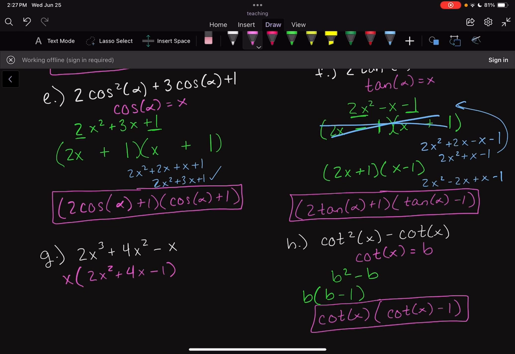Now this was a good bit of factoring examples. I like to go through all these because often I find that students struggle with the factoring, especially later in chapter 4. So in chapter 4, there's going to be some problems where we need to factor and stuff like that.